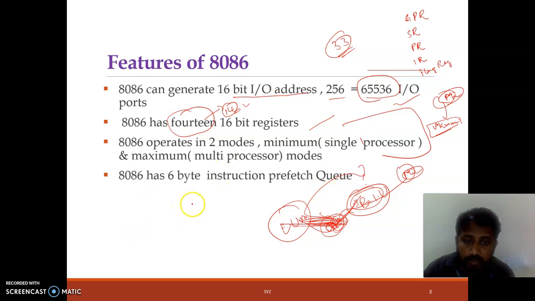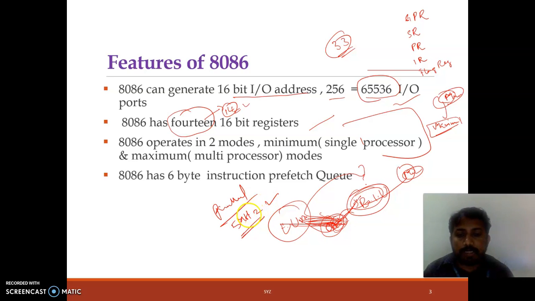With the help of the instruction queue, parallel processing is made possible in the microprocessor. So even though it is a 5 megahertz processor, it has very low latency in taking instructions from the memory. It doesn't take much time, and execution takes only a short duration.